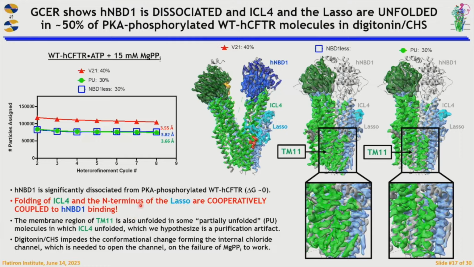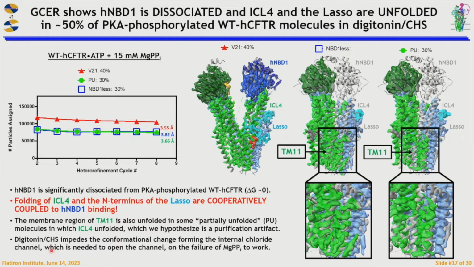I explained that to you a moment ago, and now this is showing part of the data. The membrane region of TM11 is also unfolded in some partially unfolded molecules in which ICL4 is unfolded. We're hypothesizing that this is a purification artifact, but that this is the essential species that's actually present all the time in PKA phosphorylated CFTR, and it can explain the corrector activity.